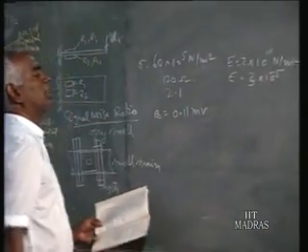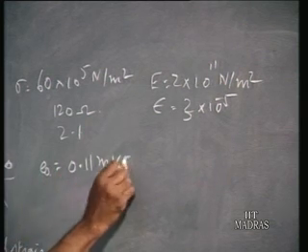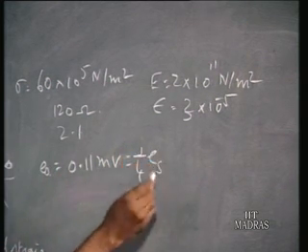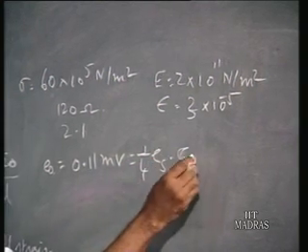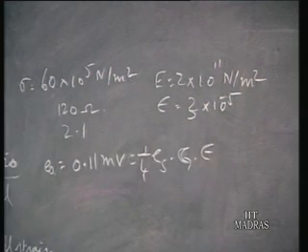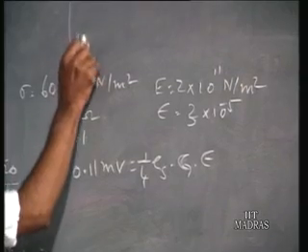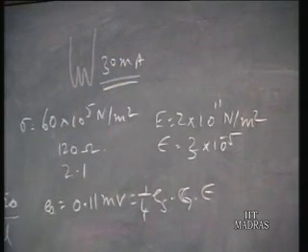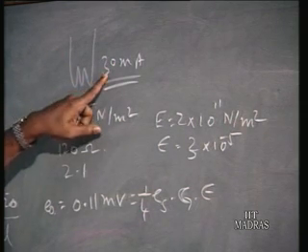This is a 0.3 micron, and that is giving rise to EO, which is equal to ES into G into epsilon. That is the output of the bridge, and the supply voltage is assuming, for a strain gauge, 30 milliamp, because the capacity of the strain gauge to dissipate the heat energy limits the current carrying capacity.